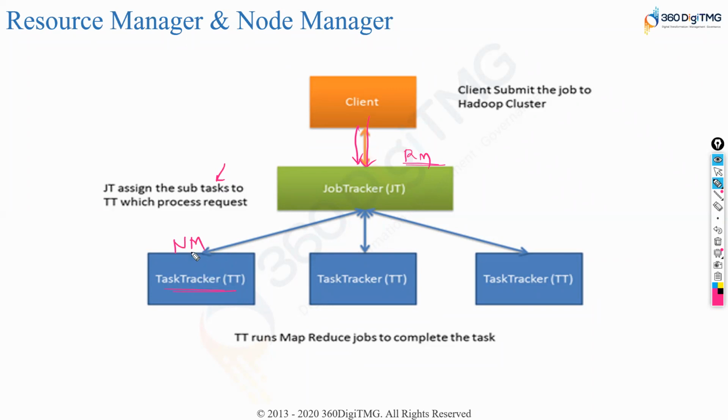Node manager will make sure that the required resources are obtained in this particular slave node, and the task is completed. In the interim, the information about the status is shared with the resource manager. Once it is completed successfully, that will also be informed to your resource manager.